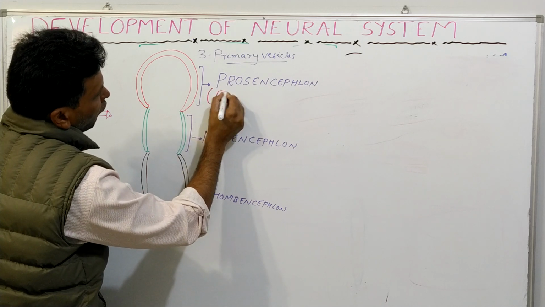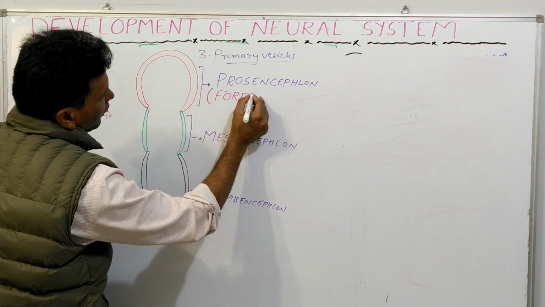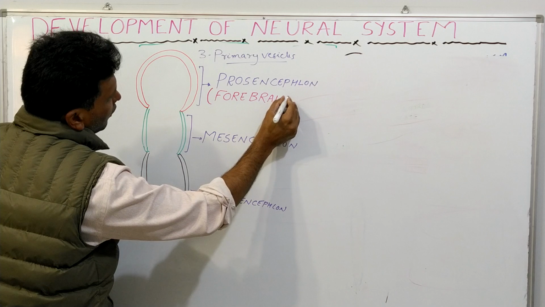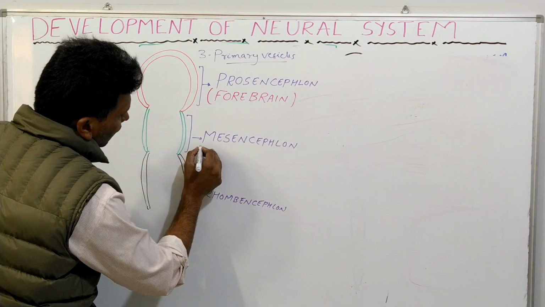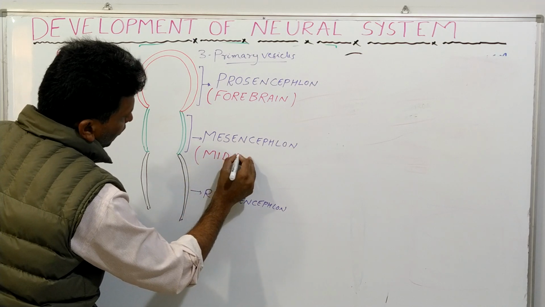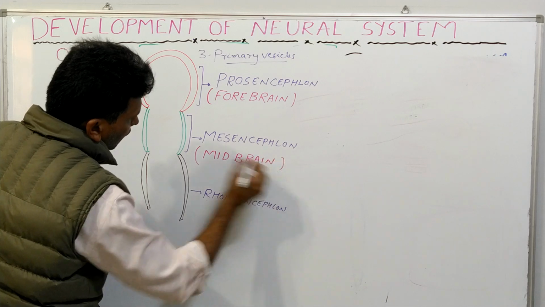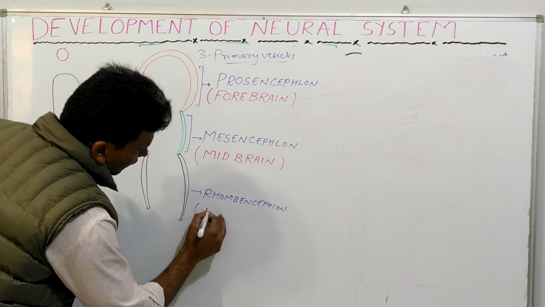This is your forebrain. Mesencephalon, midbrain. Rhombencephalon is called hindbrain.